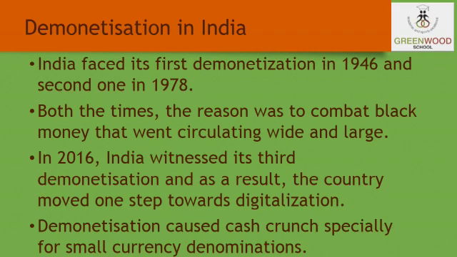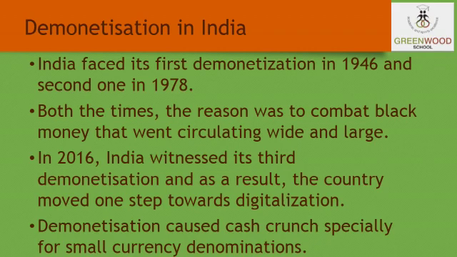Demonetization in India. India faced its first demonetization in the year 1946 and the second one in the year 1978. On both the occasions, the reason was to combat black money that was circulating wide and large.